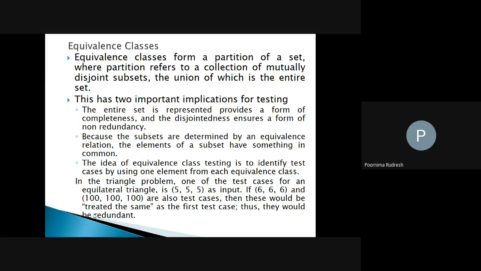So when we use that for testing purposes, there are two important implications. One is that the entire set is represented, which provides a form of completeness, and the disjointness ensures a form of non-redundancy. Here we are constructing subsets of a set where those subsets are mutually disjoint, and using disjointness in the construction of the subsets forms the non-redundancy.